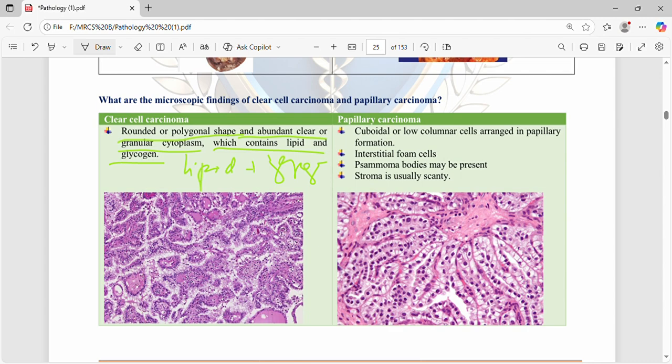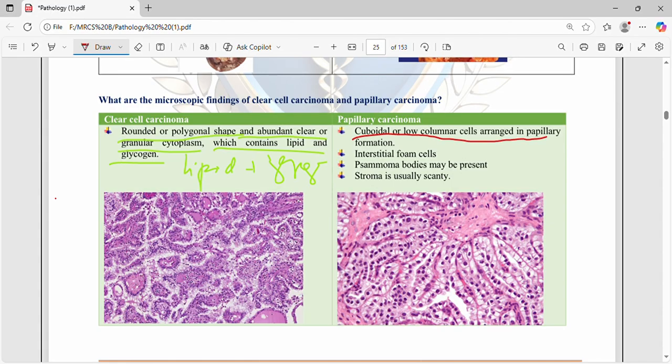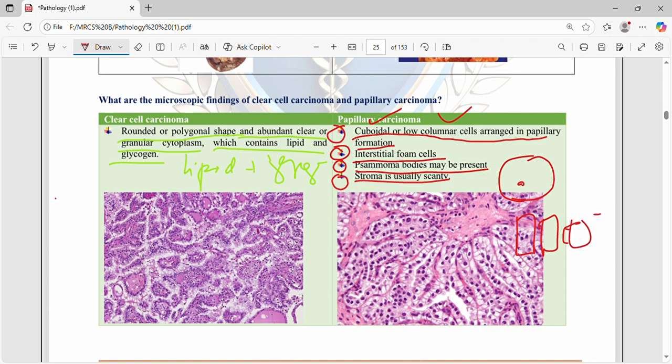And here, in papillary carcinoma, we have cuboidal or low columnar cells arranged in papillary formation. Interstitial foam cells and psammoma bodies may be present, and the stroma is usually scanty.